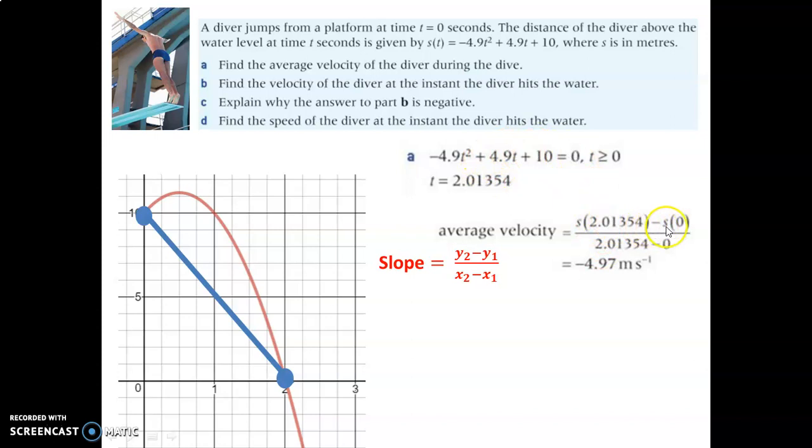And then position at time 0 would be this position here, s of 0. S of 0 would just be whatever you get when you put 0 into this function. That would be your y value there. And on the bottom here we have x2 minus x1. So we have time 2.01 minus time 0 at the beginning here. So there's our slope, and there's the answer there.